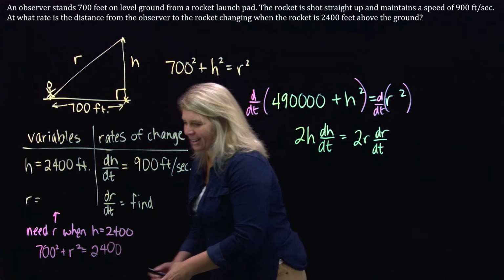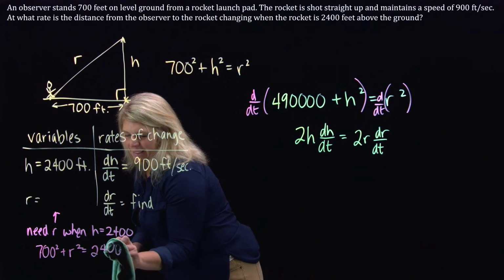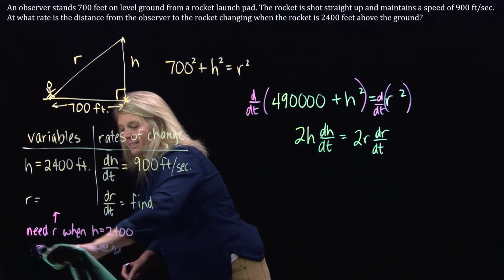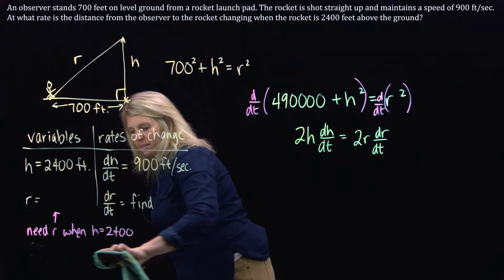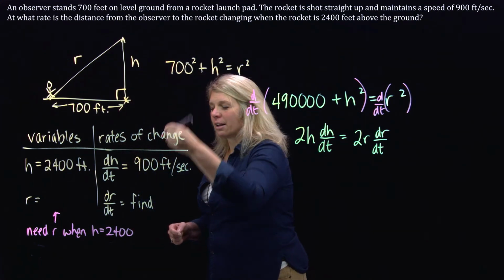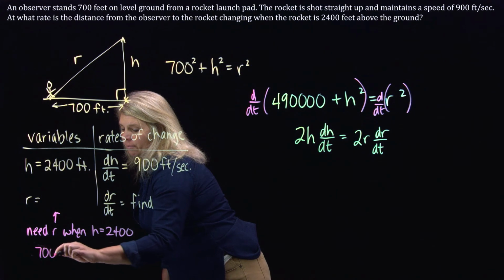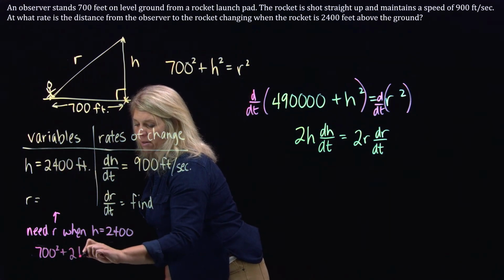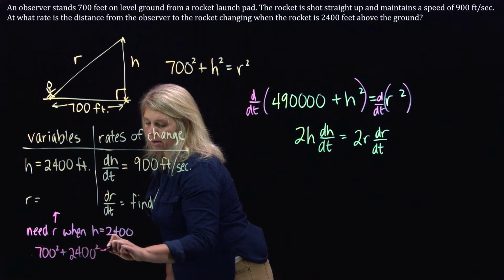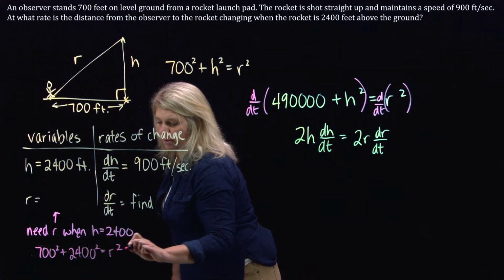That's not right. I have to put the right letters in the right places. Put the number in for h, and I'm trying to find the number for r. All right, so 700 squared plus h squared, h is the one I know, equals r squared. There we go.